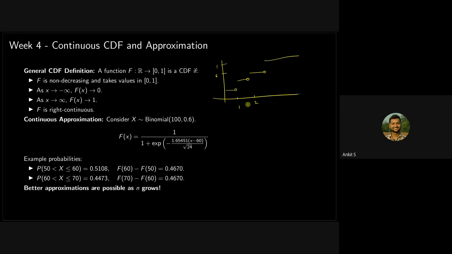So what does it mean? It is a CDF of a discrete random variable. Its property is that it has jumps like this. Okay, it is a stepwise function.